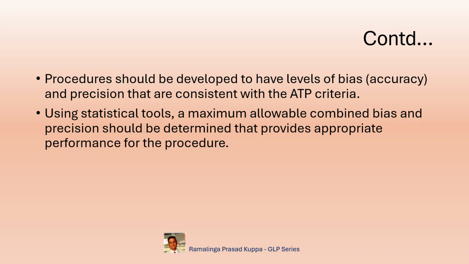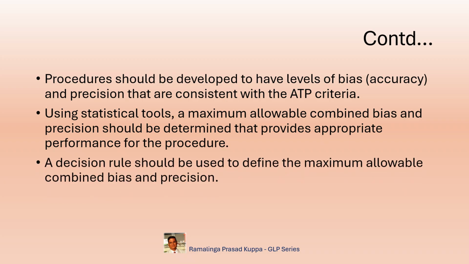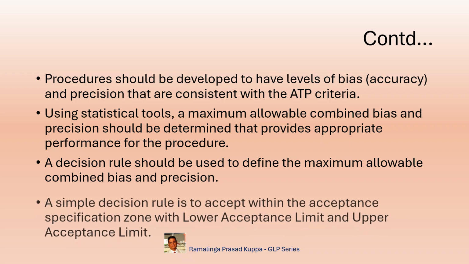So the statistical tools are very important to establish the ATP criteria. A decision rule should be used to define the maximum allowable combined bias and precision. Based on the evaluation, a decision rule may be developed. This becomes the basis for taking a decision on compliance of the article to the specifications.